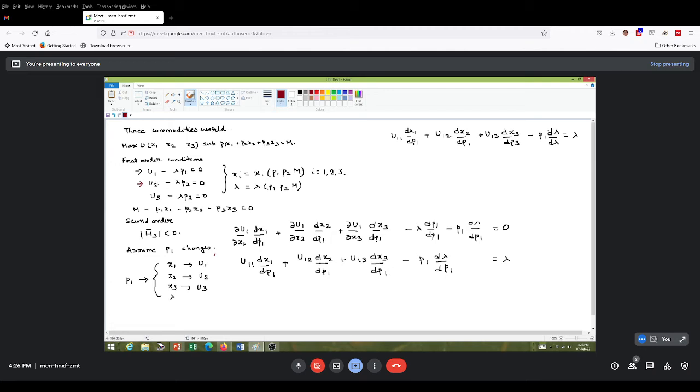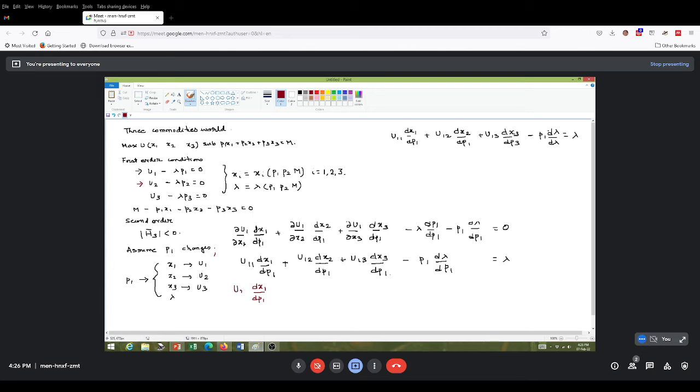Remember U2, this is simply the marginal utility, so U2 may also have x1, x2, x3. So if we differentiate this, when price changes, from the demand function, x1 will change. Now instead of del u1, we have del u2.